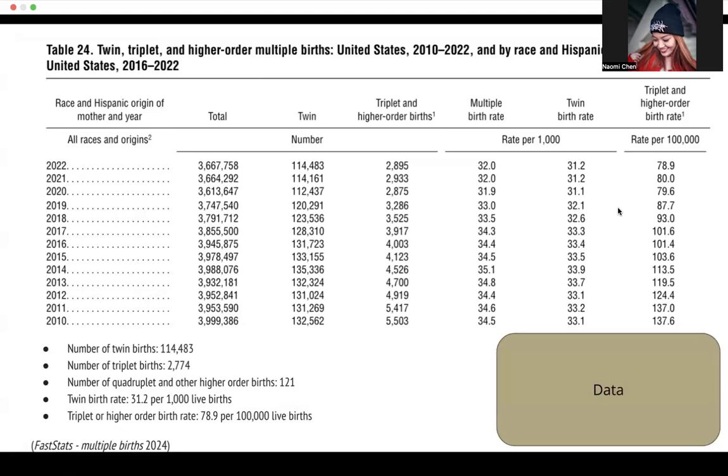When I see this table, I find it very interesting. Twin pregnancies and triplets, even higher order births, keep consistency.